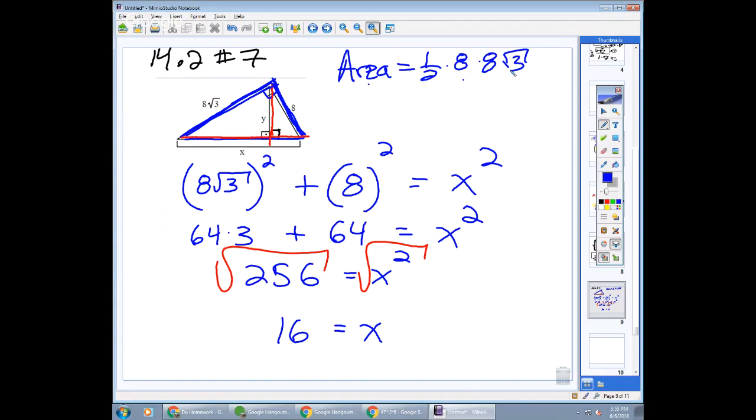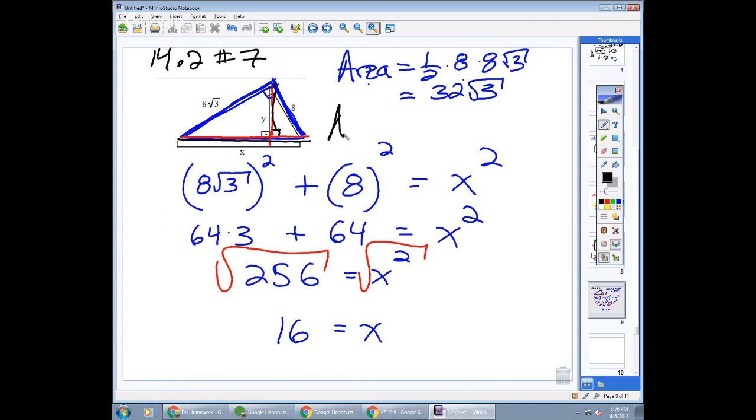If I clean that up, 1/2 of 8 is 4, 4 times 8 is 32. Without a calculator, the best I can do is say it's about 32 square root of 3 for the area. The other way to look at the area is to say this is the base and y is the height.